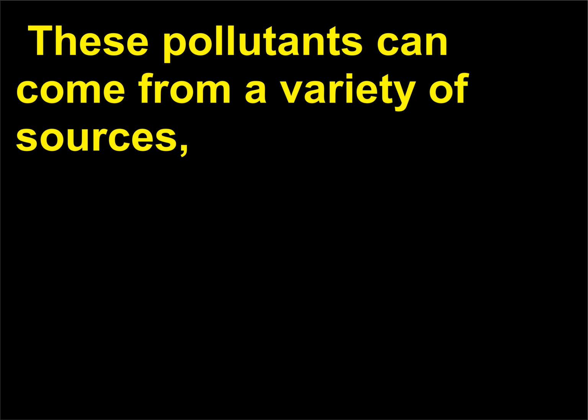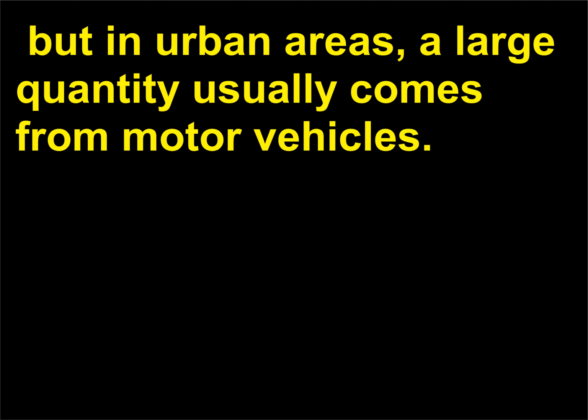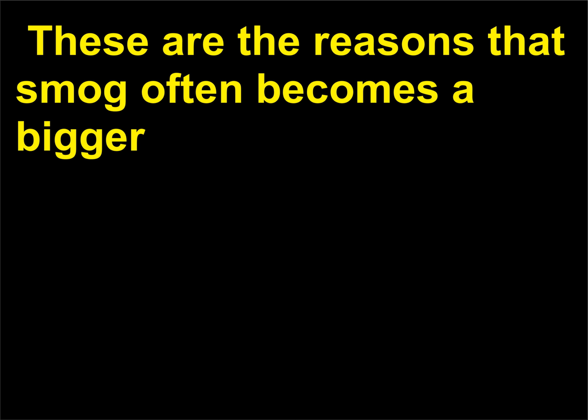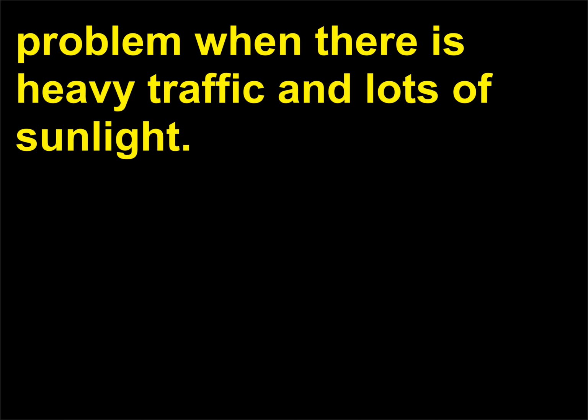These pollutants can come from a variety of sources. But in urban areas, a large quantity usually comes from motor vehicles. These are the reasons that smog often becomes a bigger problem when there is heavy traffic and lots of sunlight.